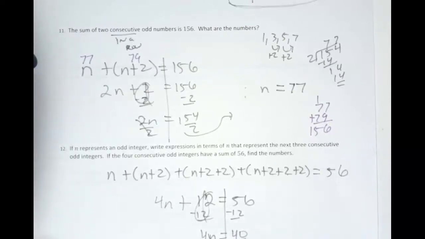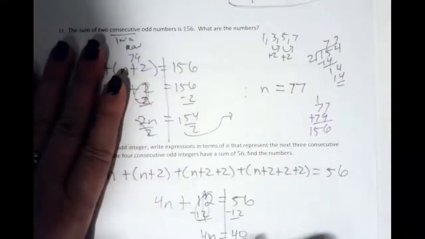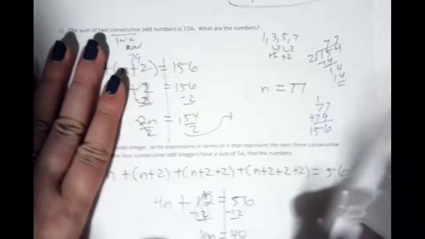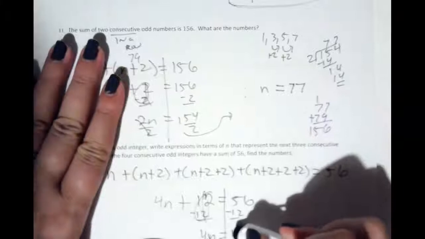Whoa, we have 10. That's an even number. So there's an issue. And I see the issue. 56 minus 12 is 44.